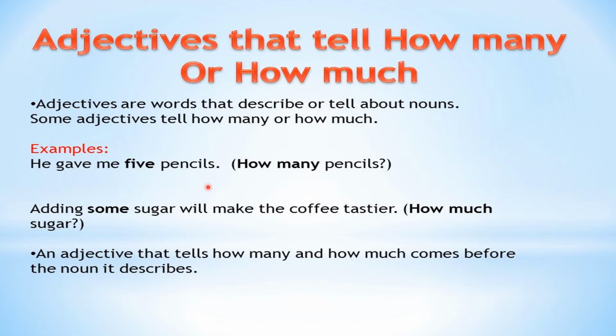He gave me 5 pencils. Yes, the noun being described here is pencil. How many pencils? 5. And here is the adjective that comes before the noun. Okay, guys? Very good.